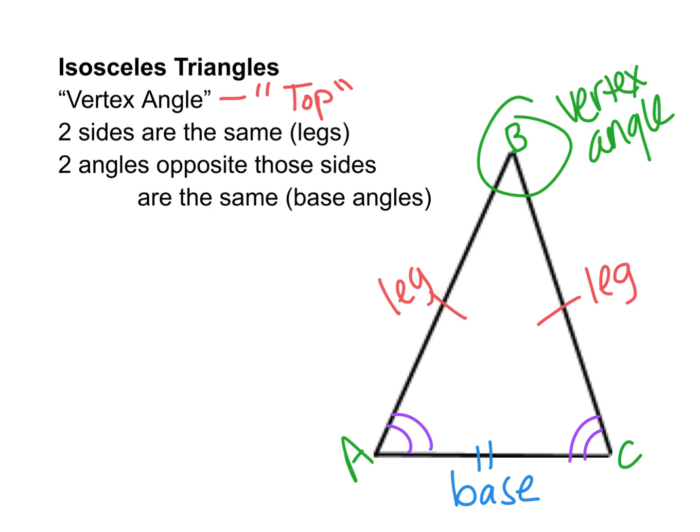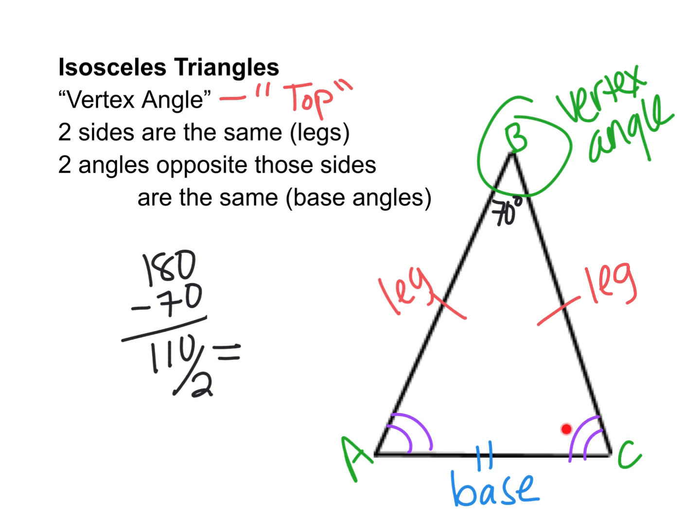And so what ends up happening is that if we have an example, let's say this is like 70 degrees up there. If that's 70 degrees up there, I can subtract that from 180 and get 110. That I now can divide by 2, because if 70 is up here and these base angles are equal, they're going to share what's left equally.